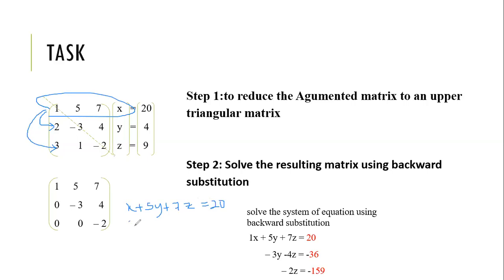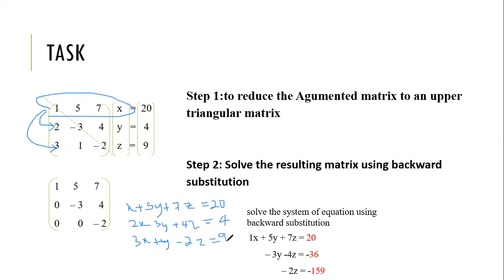And then we have 2x minus 3y plus 4z equals 4. And then we have 3x plus y minus 2z equals 9.